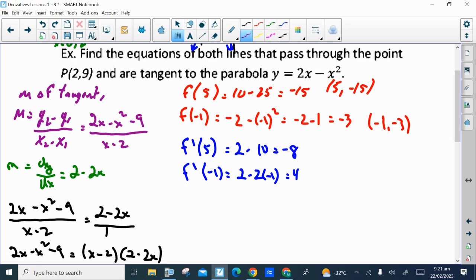So let's first do the equation of the line on the left, which the point of tangency is negative 1, negative 3, and the slope is positive 4. So this will be line 1. Again, that's the one on the left. So if I use y equals mx plus b, the point of tangency is negative 1, negative 3, and the slope is 4.